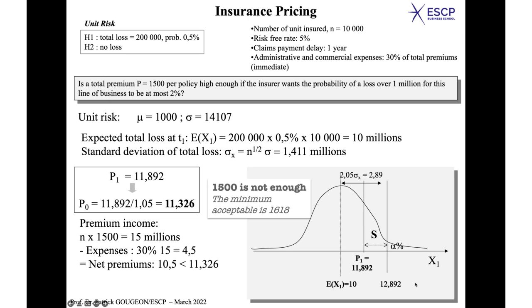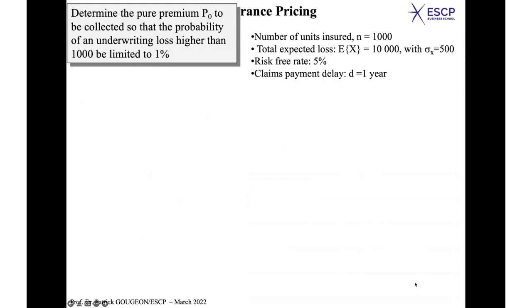You should find that you should have a premium of 1,618 to start with to comply with the rule. Okay, so in this case, the insurer may not decide to enter the market because he would consider that the premium is too low to be compatible with what we call his risk appetite.